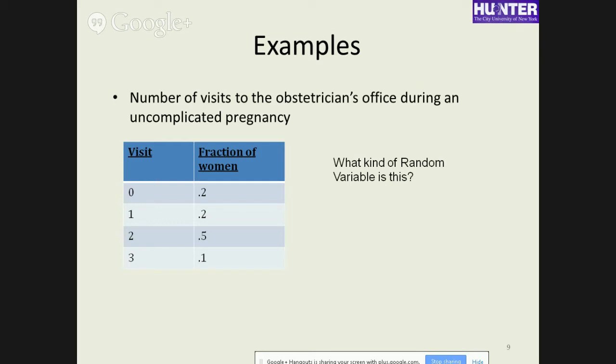The number of visits to an obstetrician's office during an uncomplicated pregnancy.